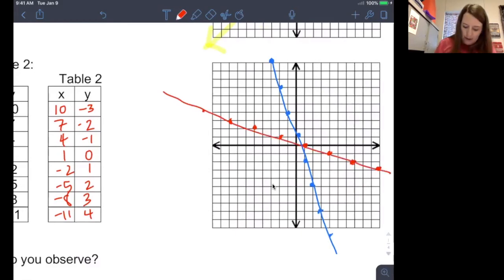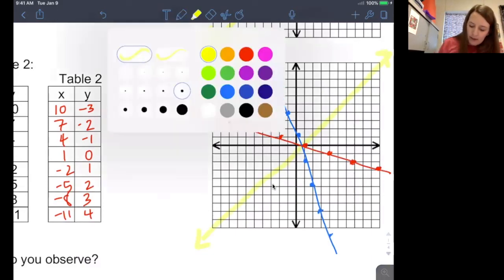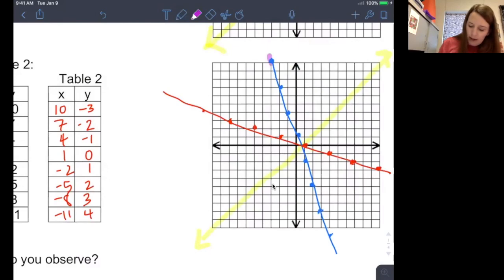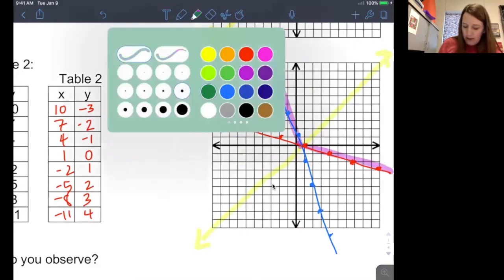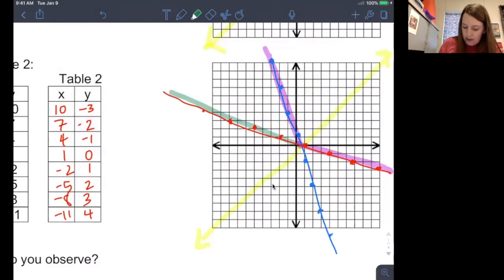And then if I graph the line y equals x, those still do reflect. And we know that because if we look at this portion of the blue line, it's going to reflect onto this portion of the red line if I were to fold it on that yellow line, y equals x. And then if I look at this portion of the red line, it's going to reflect on this portion of the blue line.